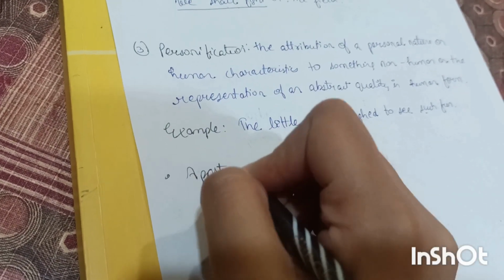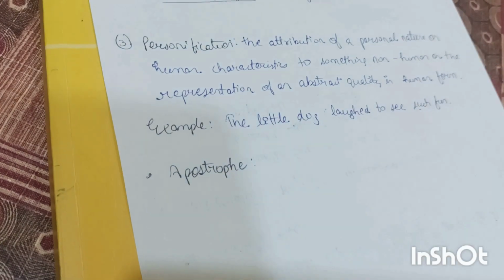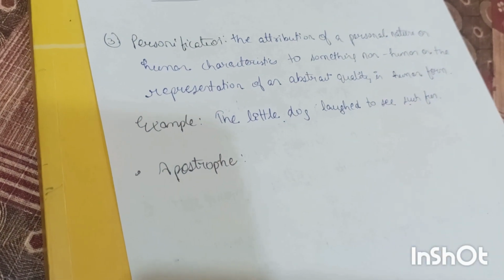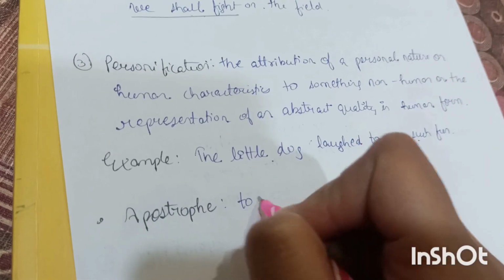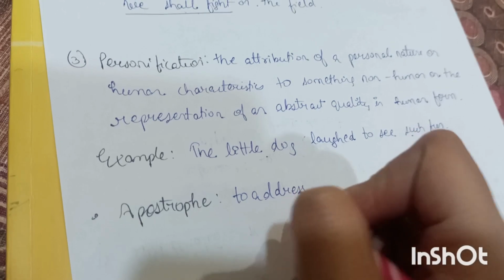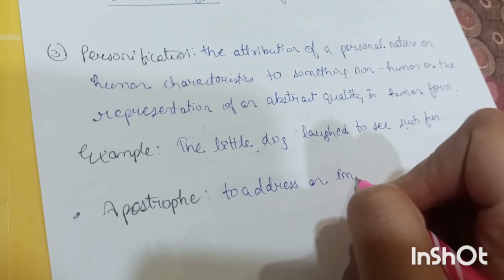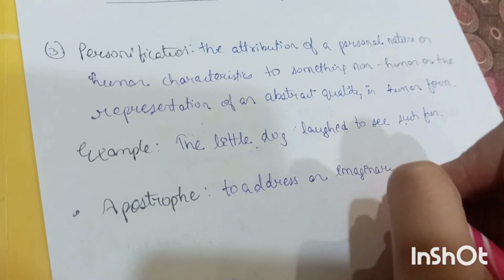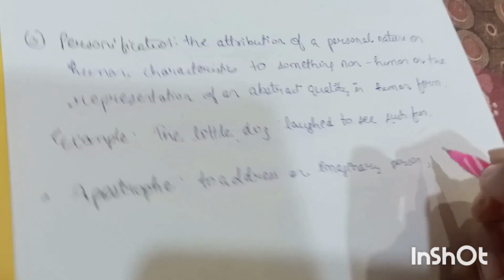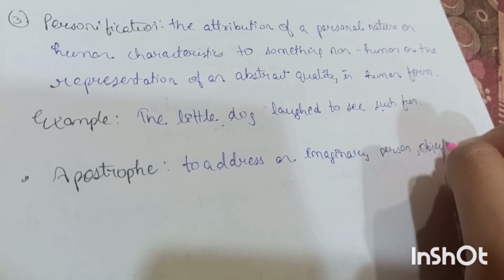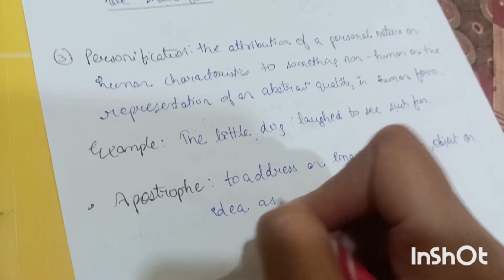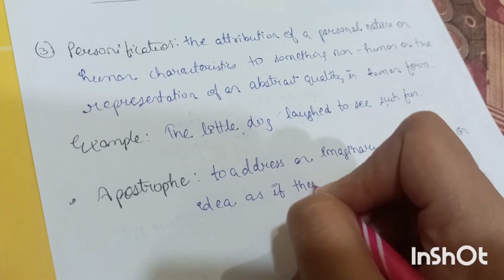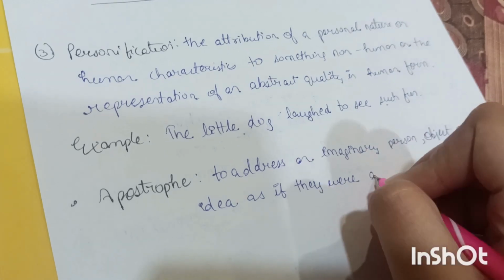What this means is that we are addressing someone who is not present, who is absent. So to address an imaginary person, object, or idea as if they were a person.